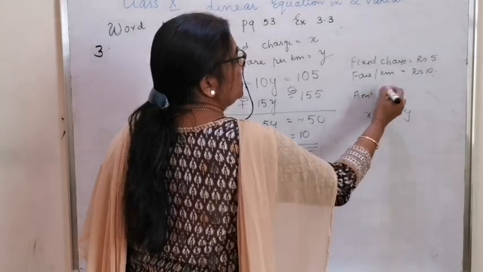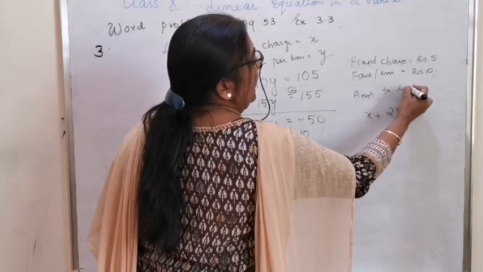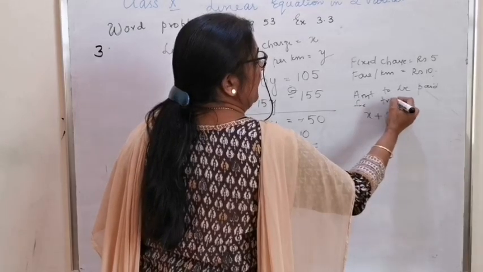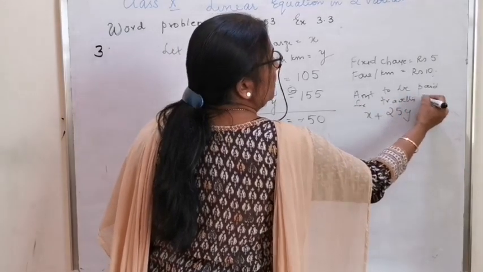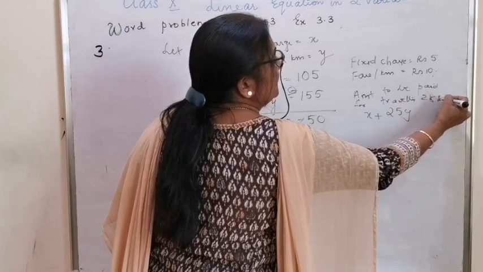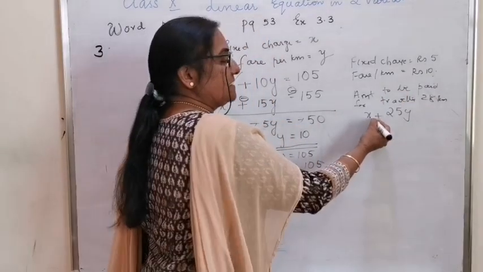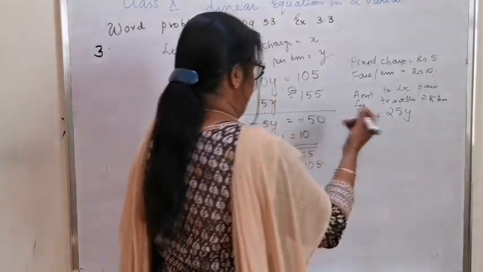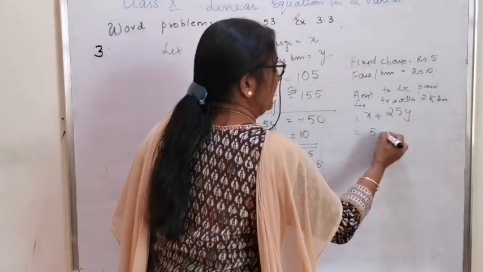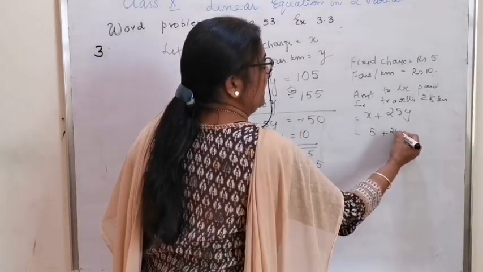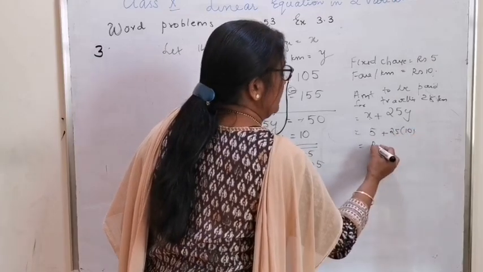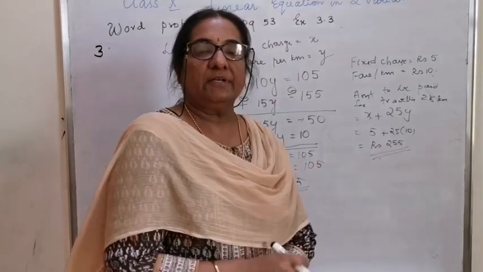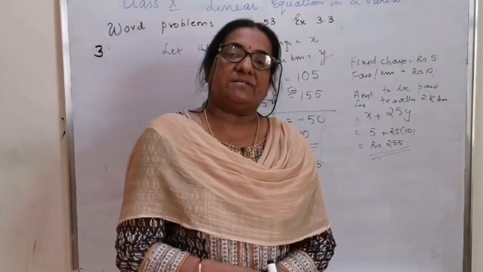So, amount to be paid for traveling 25 kilometer is equal to the fixed charge x, and for 25 kilometer 25y, which is equal to 5 plus 25 into 10, that is rupees 255. This is the total amount he has to pay for traveling.